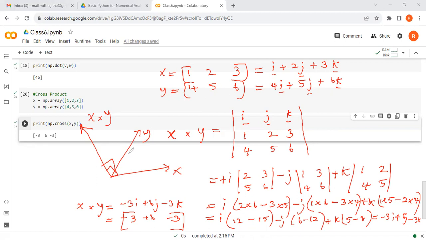For now, this understanding is sufficient.